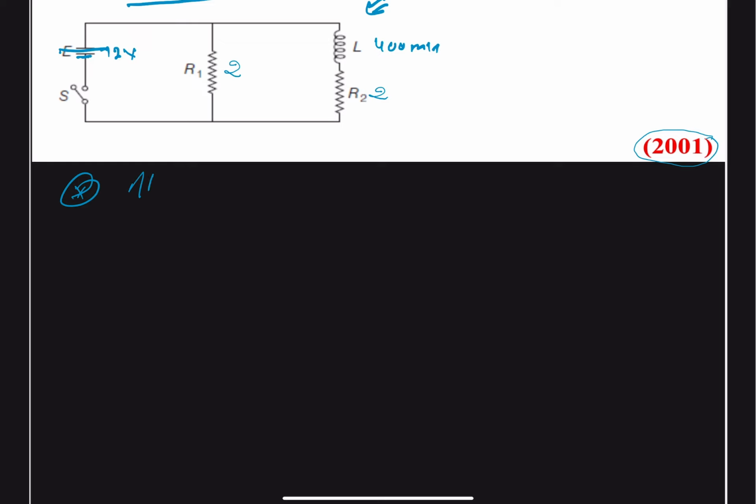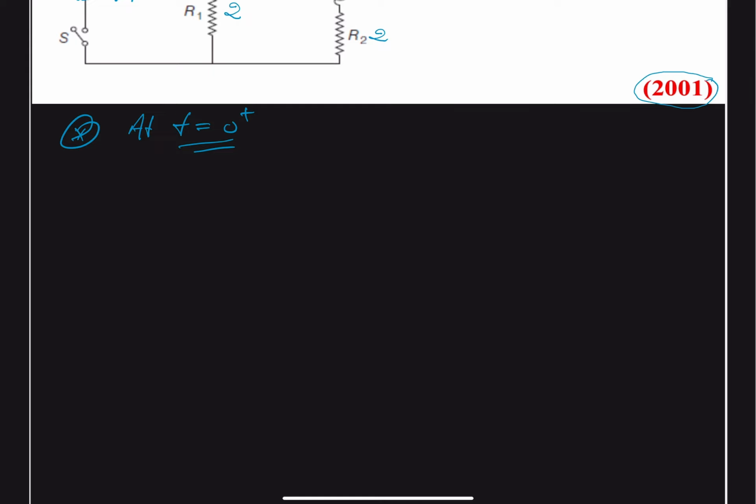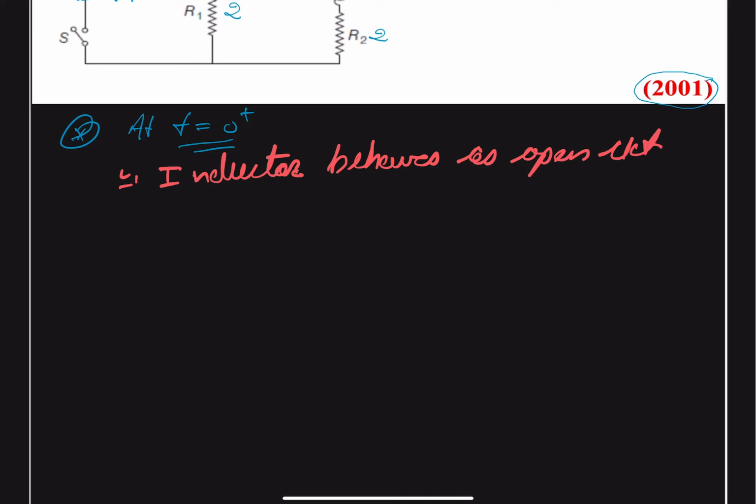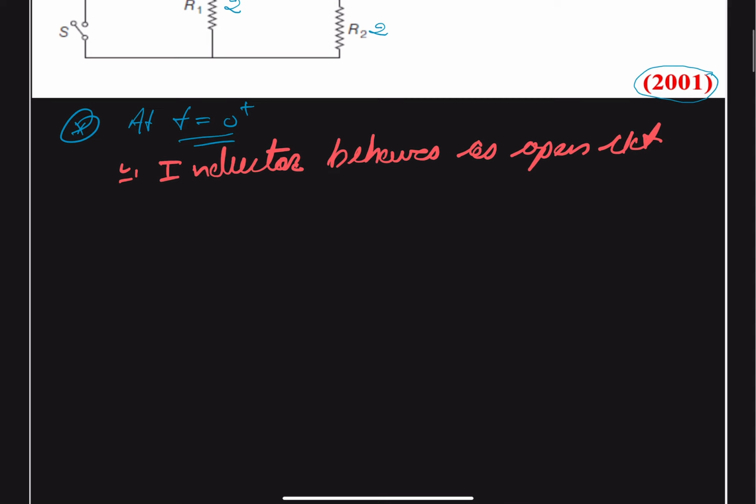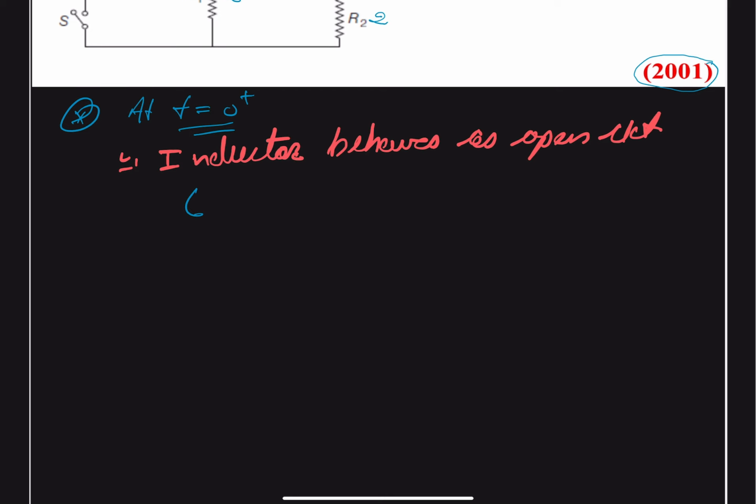At t equal to 0 positive, the inductor will behave as an open circuit, and we can write the reason for that also. The current through the inductor, IL, cannot change instantaneously.